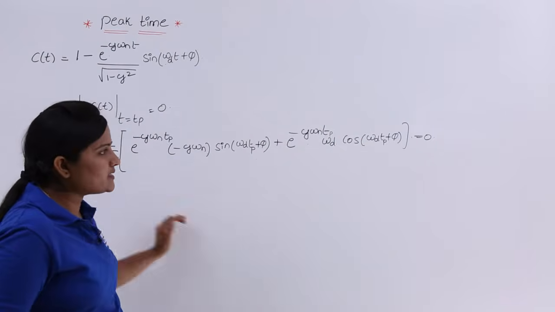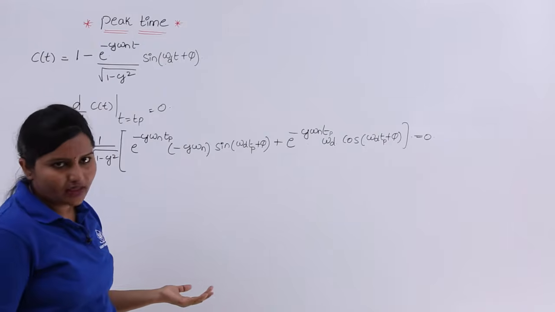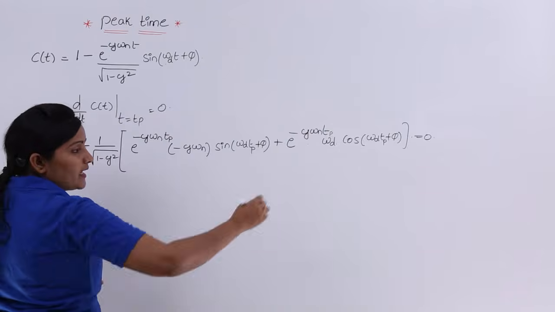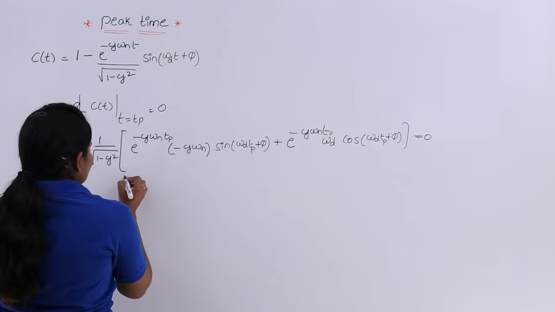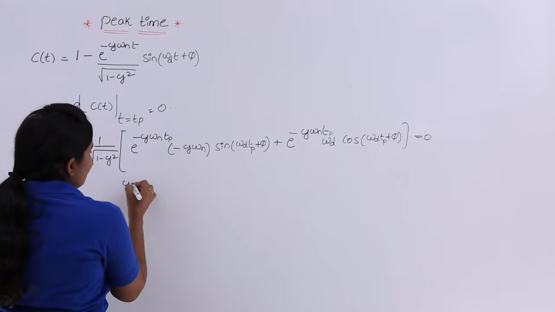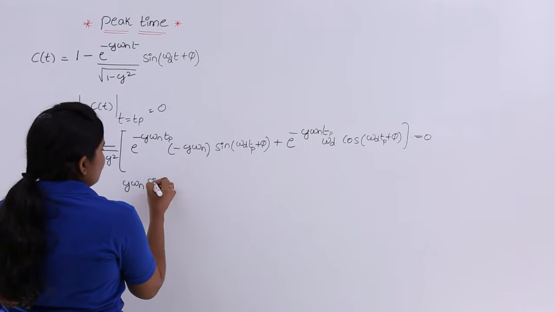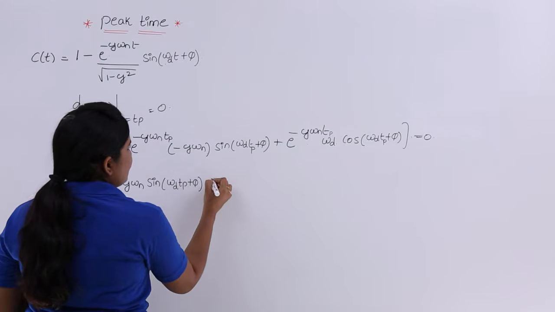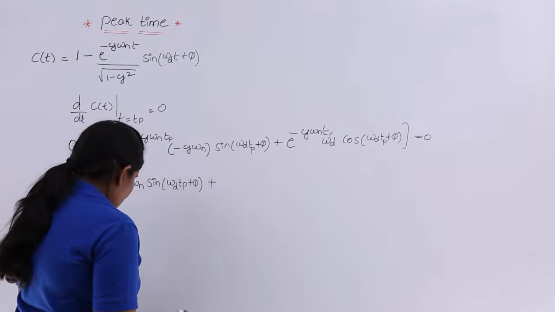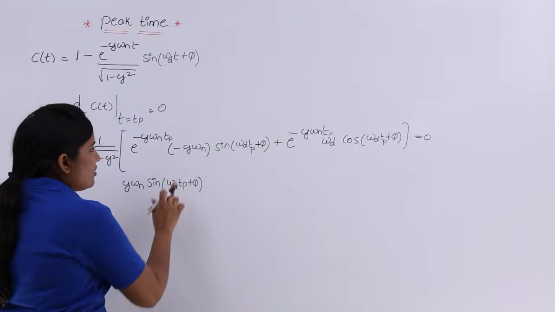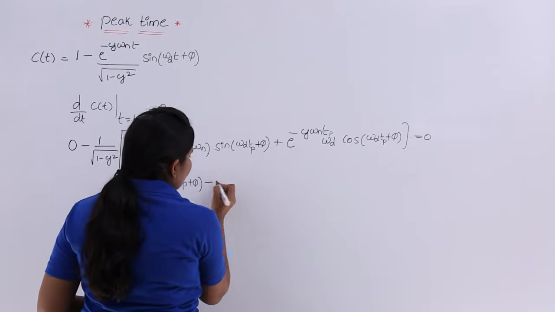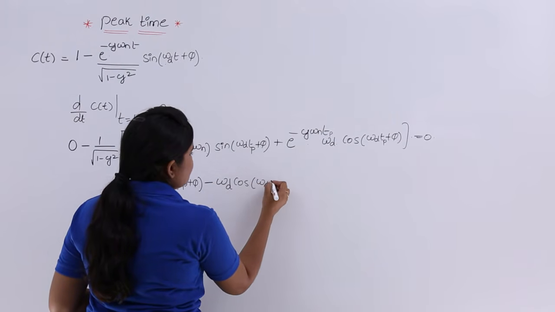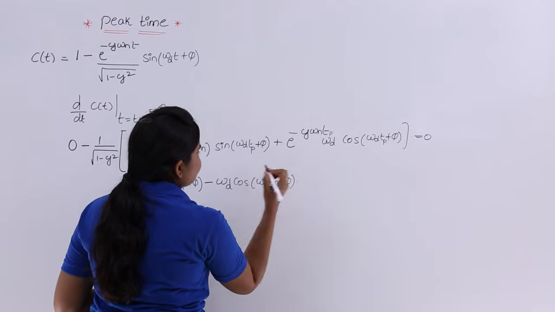I am taking common the minus and sending it to that side. The resultant is zeta omega n sin omega d Tp plus phi, plus, as we took minus common here, minus omega d cos omega d Tp plus phi equals 0.